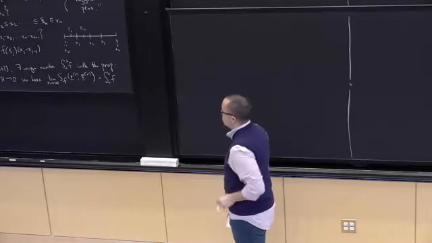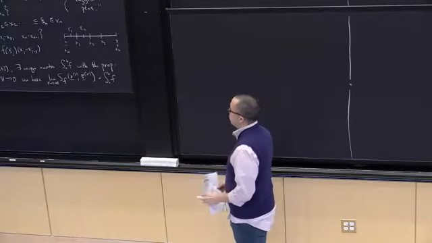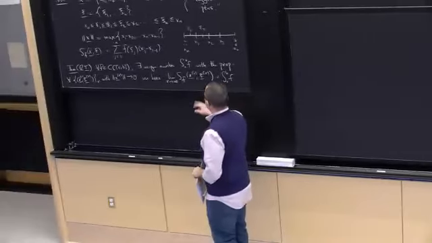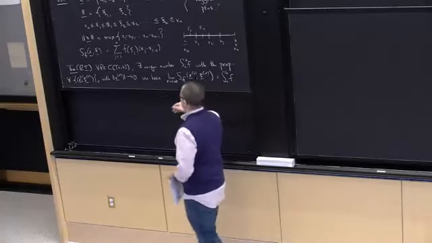Okay, no matter what sequence of tag partitions I take with norms converging to 0, the Riemann sums converge to this number, which we call the Riemann integral of f.